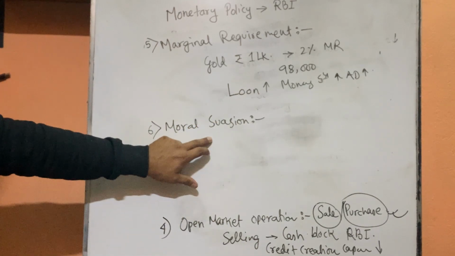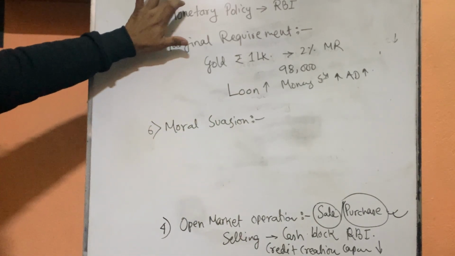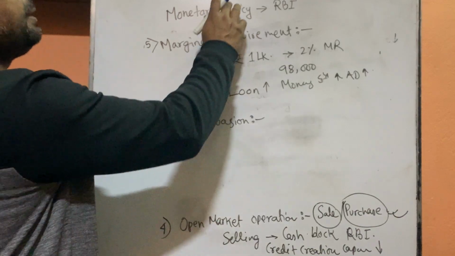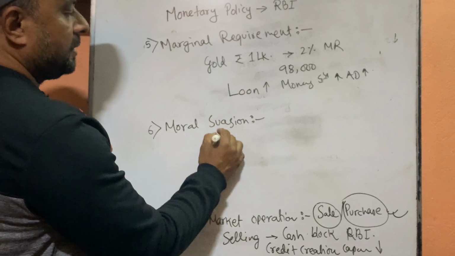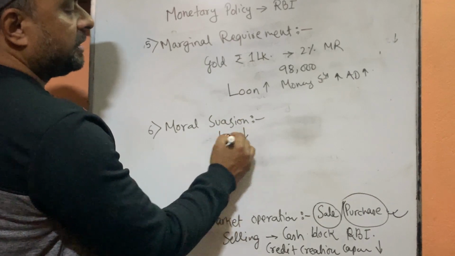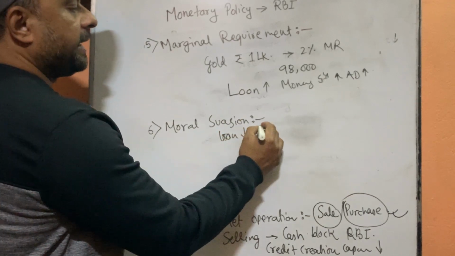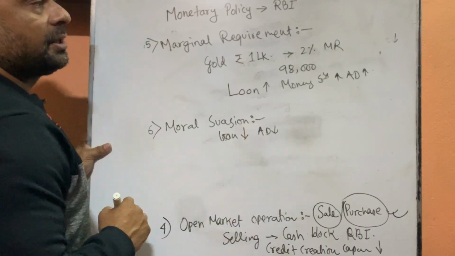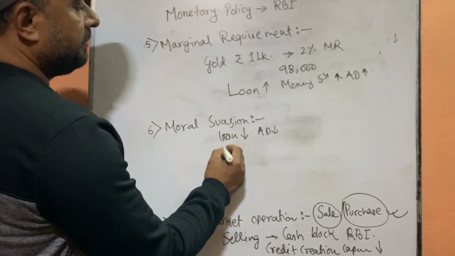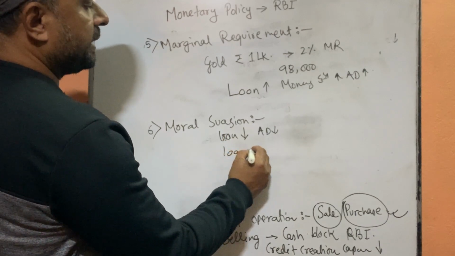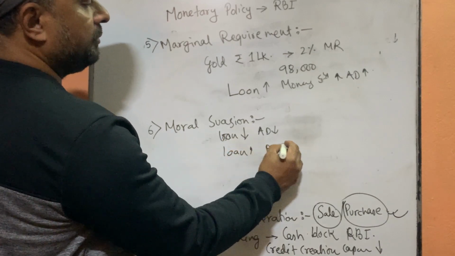Now when there is excess demand, the central bank will instruct them not to give more loans in the market, so that aggregate demand can be reduced. When there is deficient demand, the central bank will instruct them to give more loans in the market, so that aggregate demand level will increase.